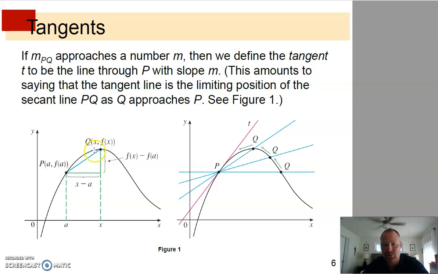So as we get closer and closer to a, x is going to become a. And we'll see that's what's happening here, as this point x comma f of x approaches a comma f of a, or as x approaches a, point Q becomes point P, essentially.